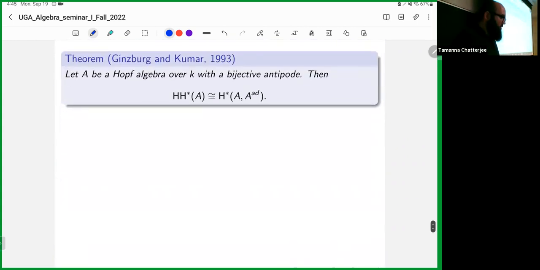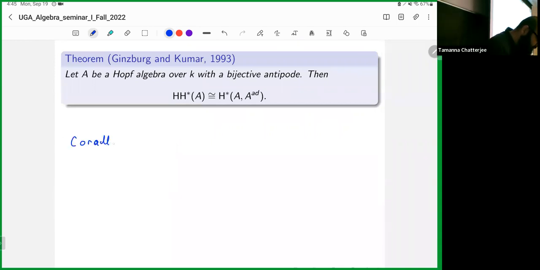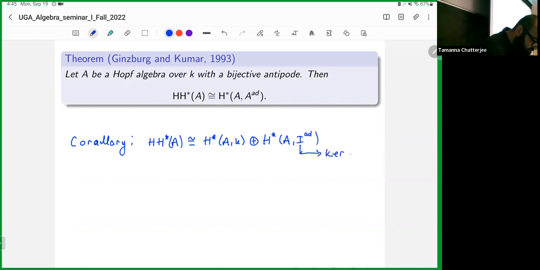And that had a good corollary, which is that the Hochschild cohomology of A is isomorphic to the Hopf algebra cohomology of A, directly from the cohomology. In here, I am just talking about the formula.